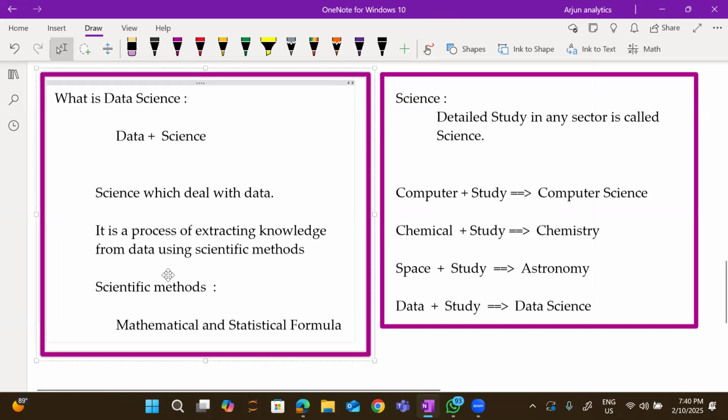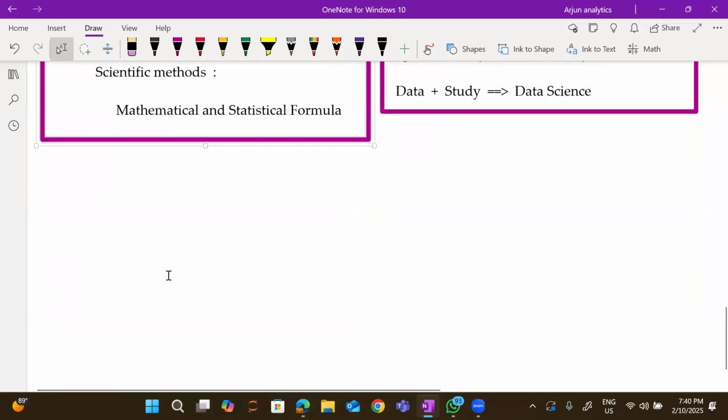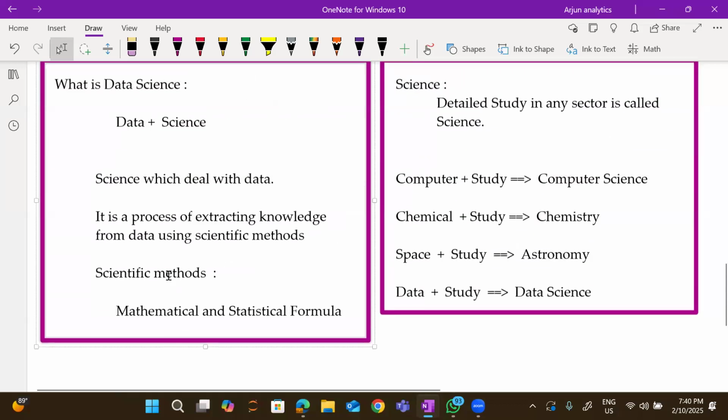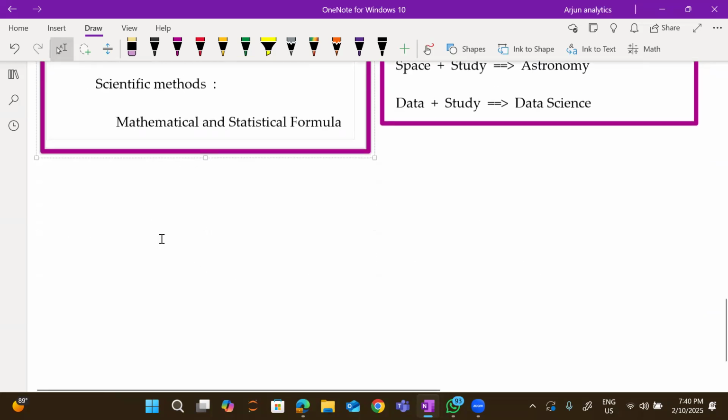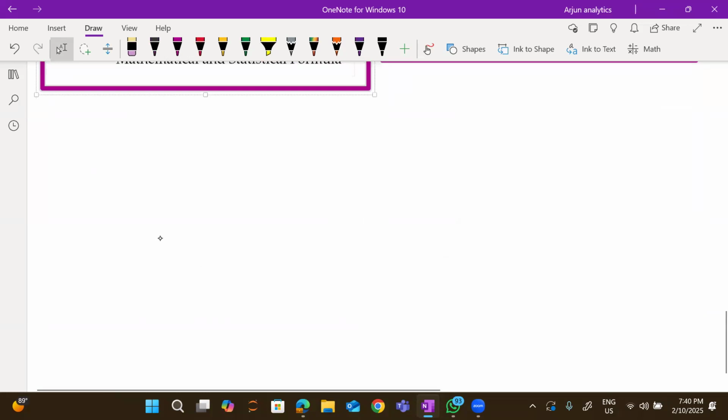Okay. Now next one, guys. This is about data science. In simple terminology, you can keep in mind, we are going to get the data, go through the data, and get the knowledge out of that. You will have the data and get the knowledge out of it. Let me show you over here.